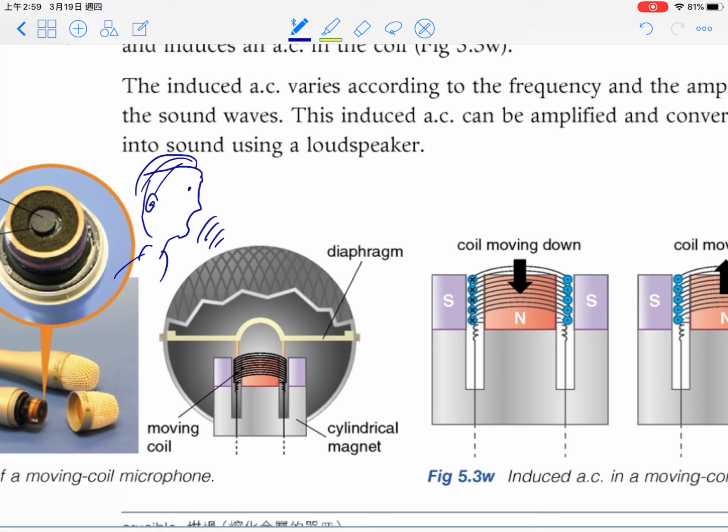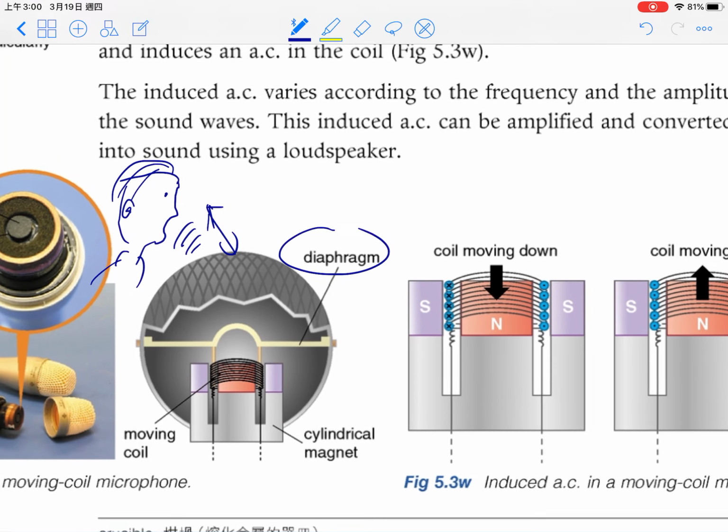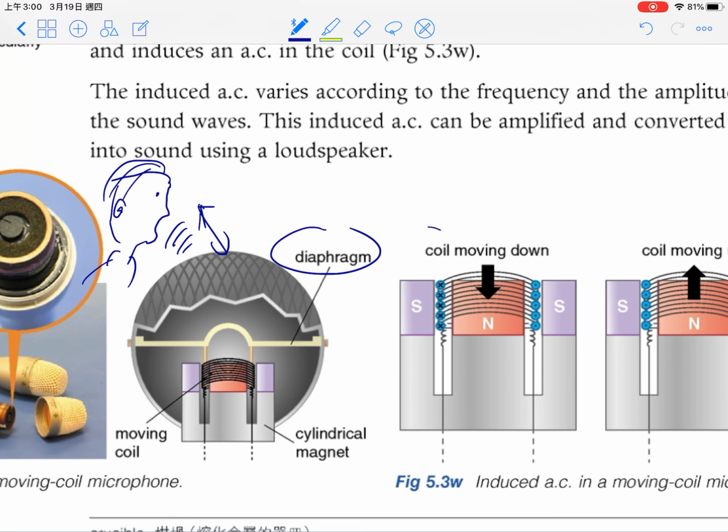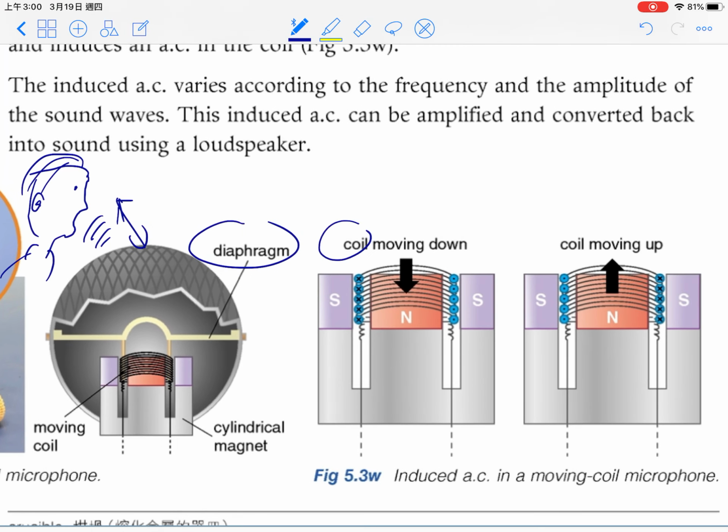Now we know it will be a longitudinal wave. That means the vibration is along the direction of travel of the wave. You would make the diaphragm move up and down. If the diaphragm is connected to the coil, the coil will be moved up and down.